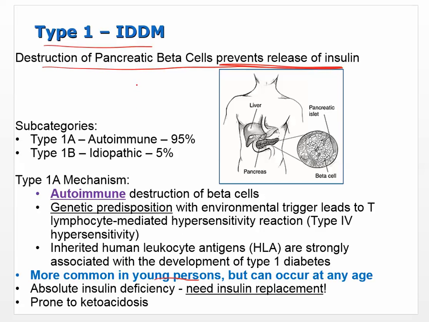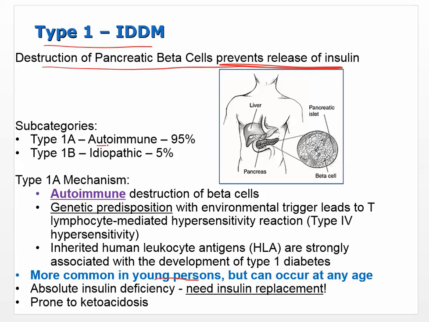And essentially what happens is your immune system suddenly decides that it doesn't want to have these beta cells anymore. It's a type 4 hypersensitivity, so that means it's mediated by T cells. So suddenly your T cells decide that beta cells, or a protein on the surface of beta cells, is the enemy, some kind of a pathogen, and that it has to be destroyed.